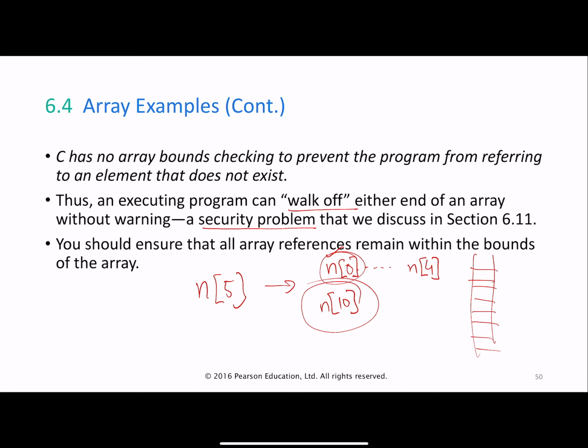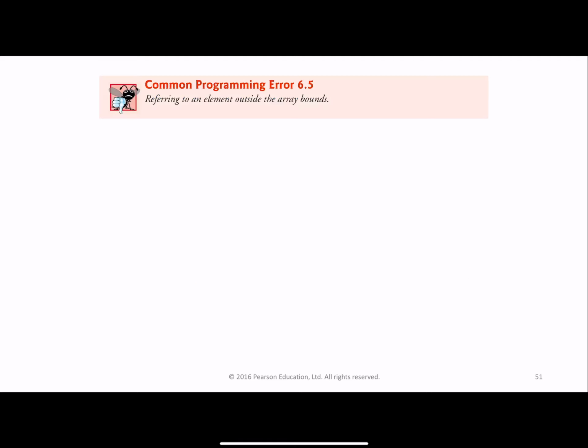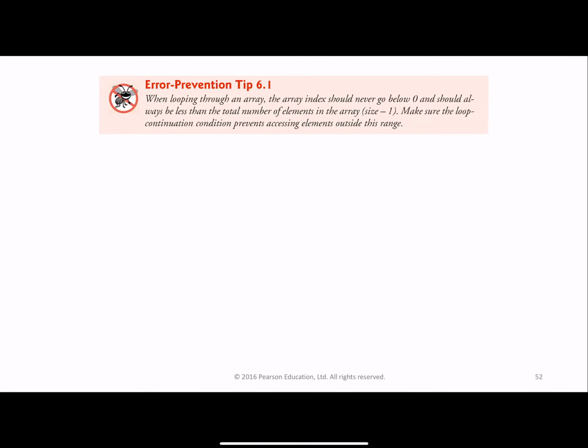So as a programmer, you have to keep track that you're not accidentally accessing an array element that doesn't exist, that is actually something else in your memory. So you have to keep track of the size of the array you're using. And this is actually something that happens surprisingly frequently in C.